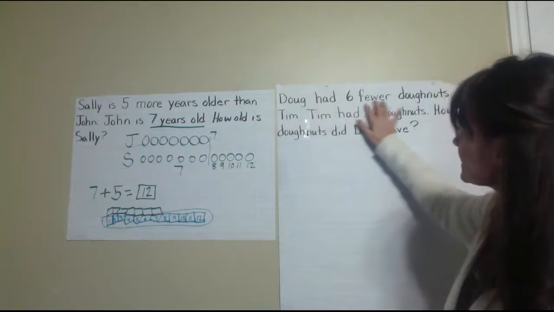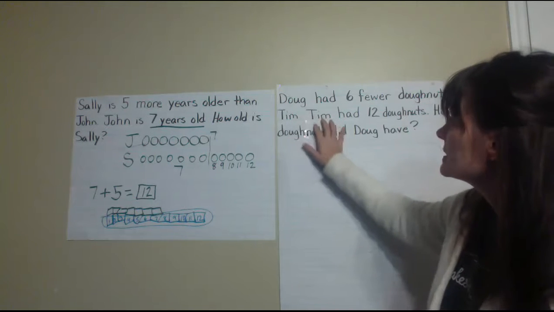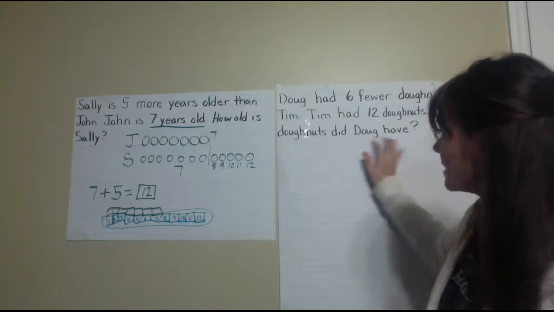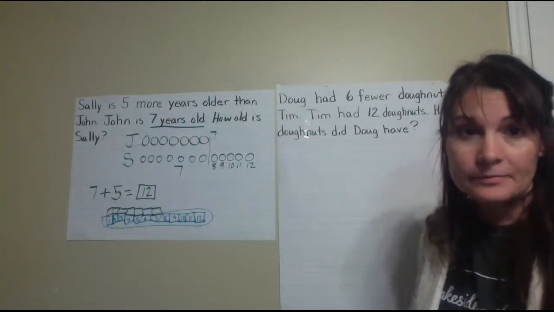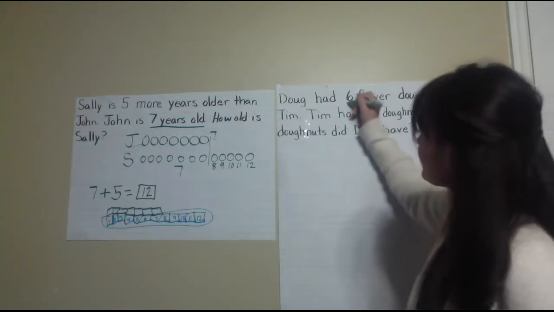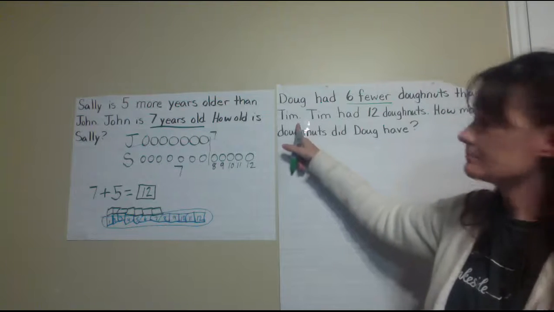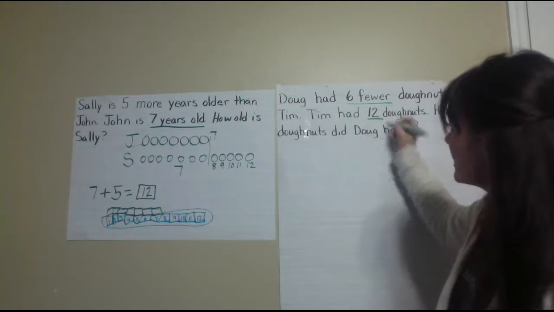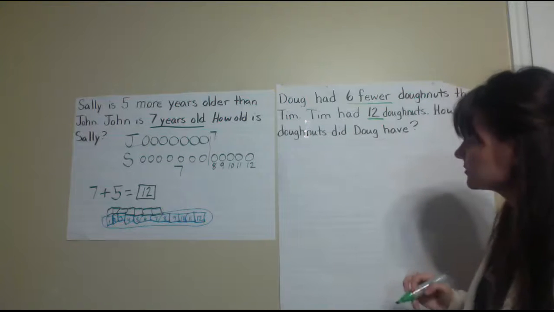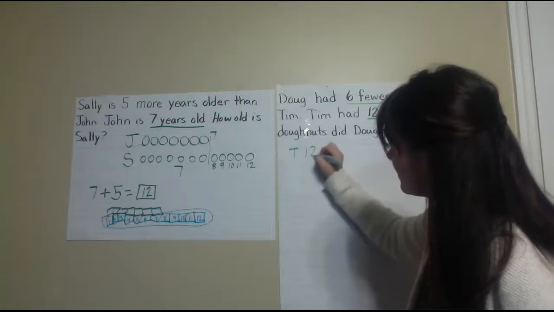Doug had 6 fewer donuts than Tim. Tim had 12. How many donuts did Doug have? Let's think carefully. Doug had 6 fewer donuts than Tim. Tim had 12. How many donuts did Doug have? Well, I know Tim, he has 12.